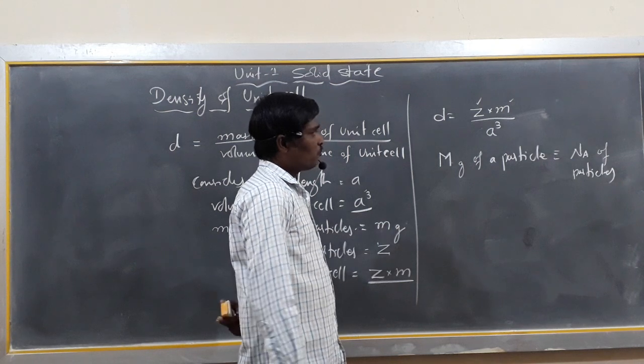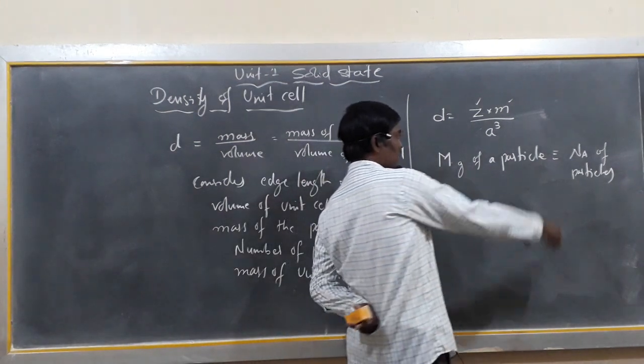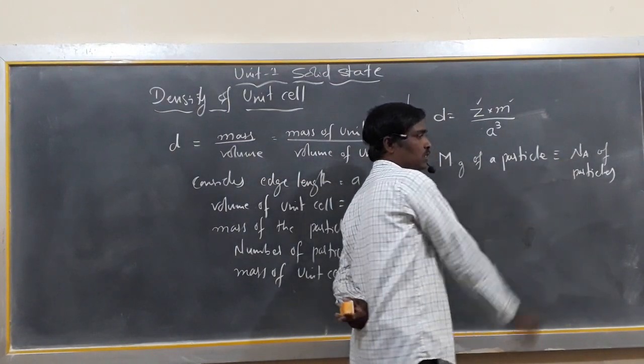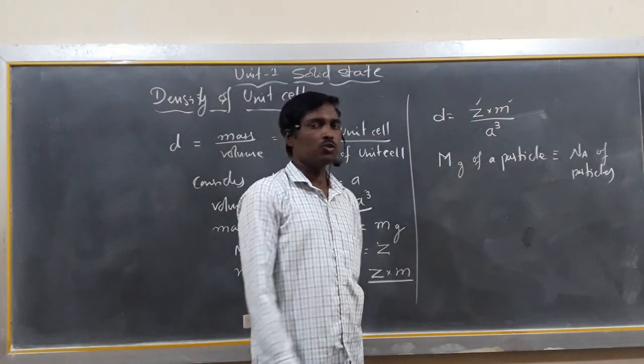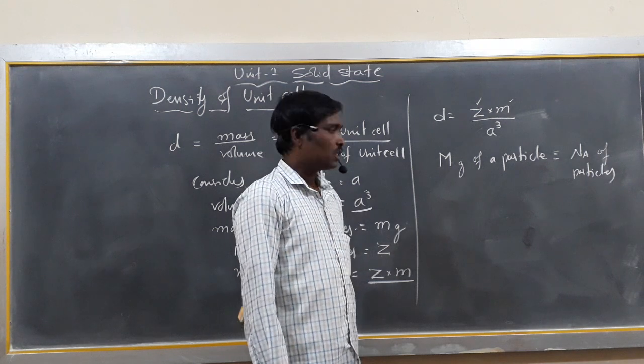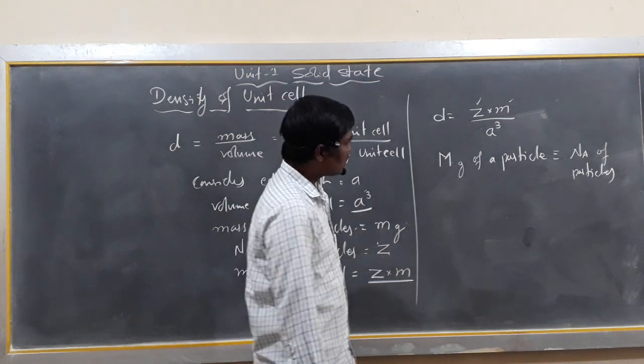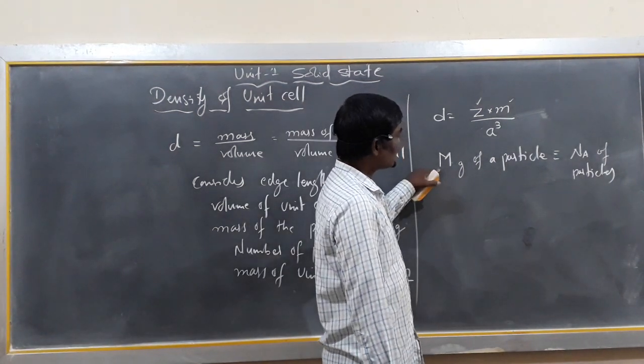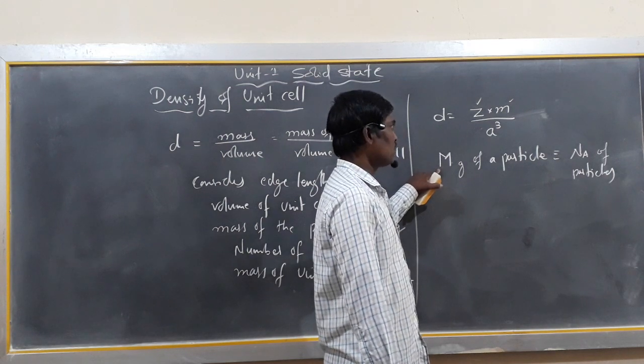Now, the mass of one particle: Avogadro's number of particles means the mass of 6.022 into 10 raised to 23 particles, which I am defining as a capital M, the gram molecular mass.